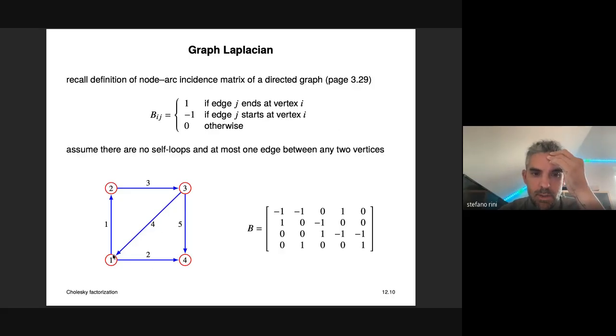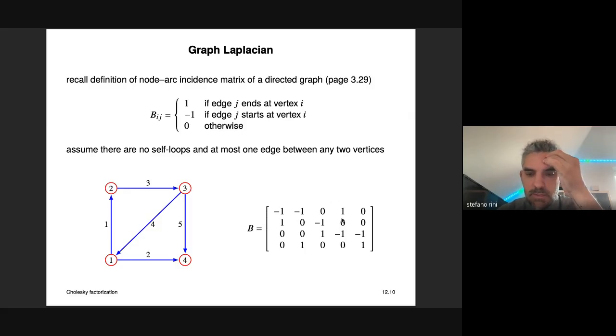So for example, here we have the node 1. The node 1 is in position 1, 1, and we see that there is an edge that starts at j and ends in vertex i. So we see there is an edge that starts in 3 and ends in 1.